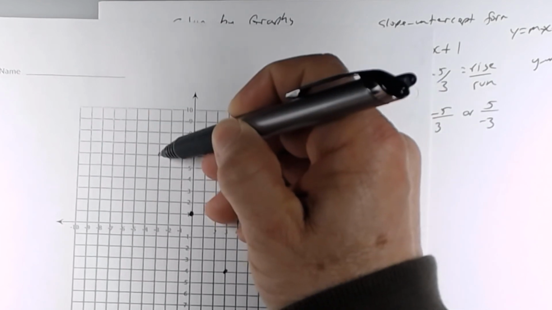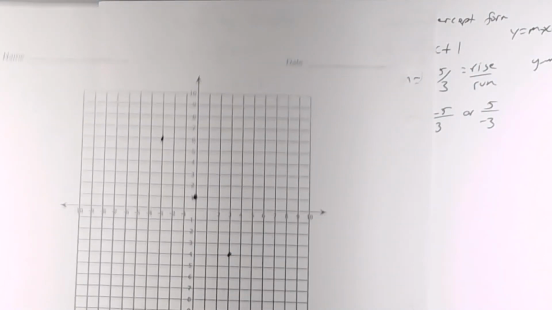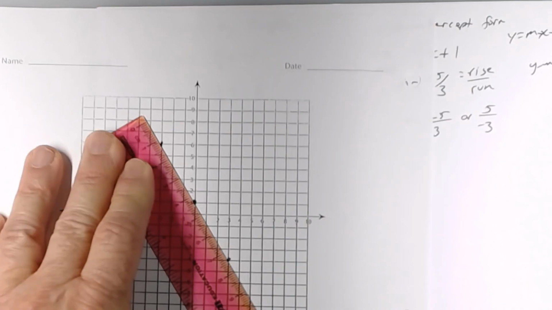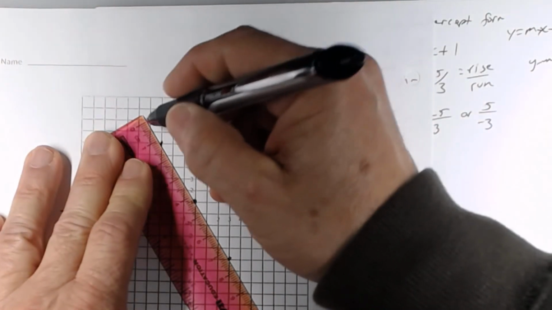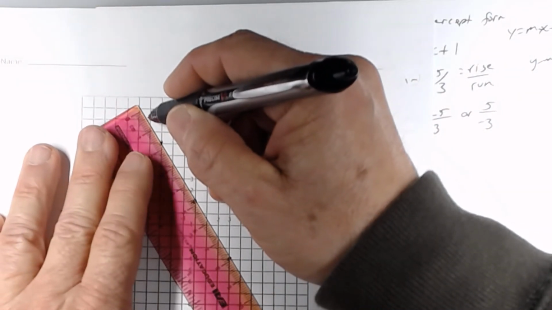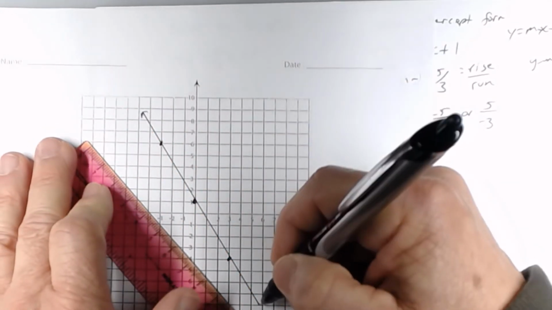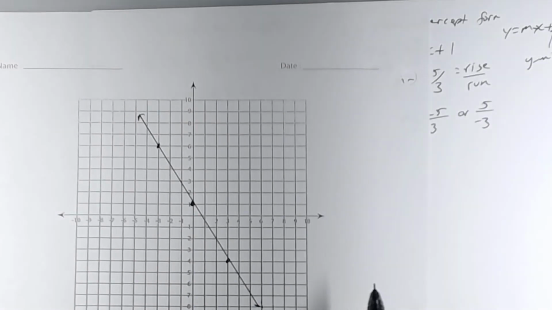And if I did this correctly, all these points should be collinear, meaning that they should lie on the same line. So let me go ahead and give you a ruler. All right, so let's go ahead and graph this. So I get this line. And it may be that when I draw the other line, I may have to extend this one. That's fine. We'll see what happens when I graph the other one.